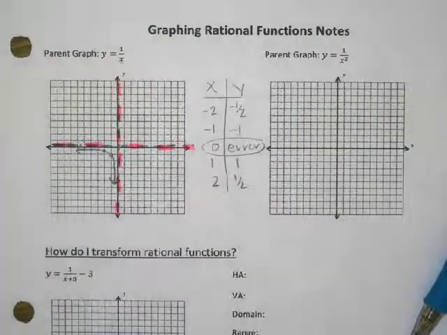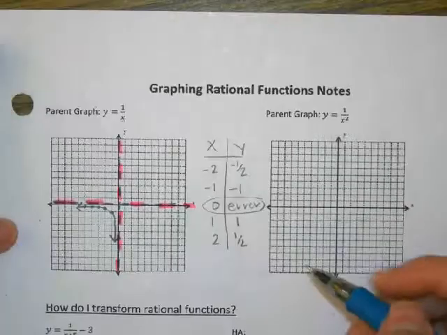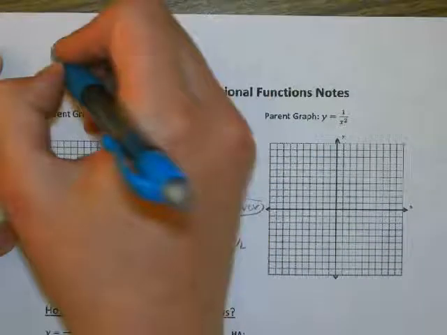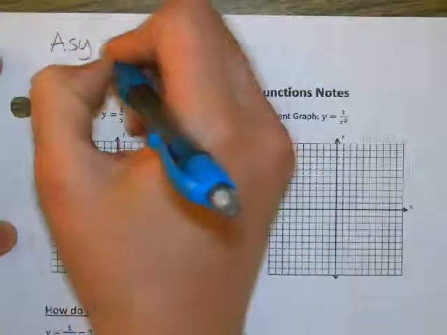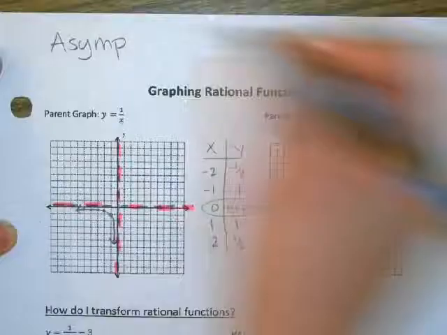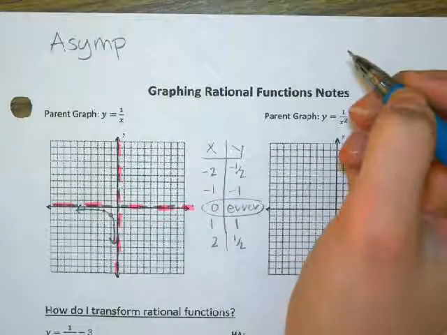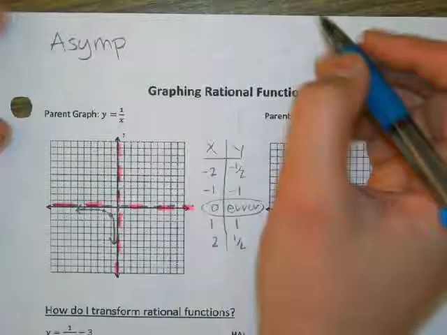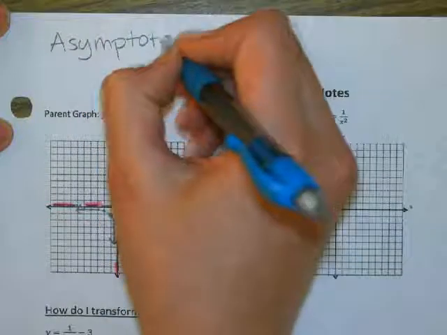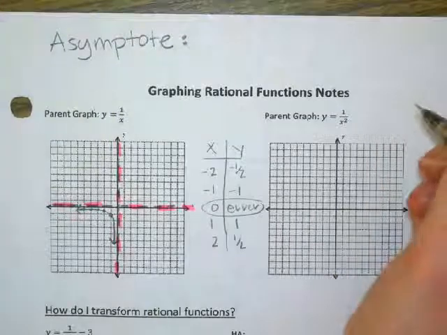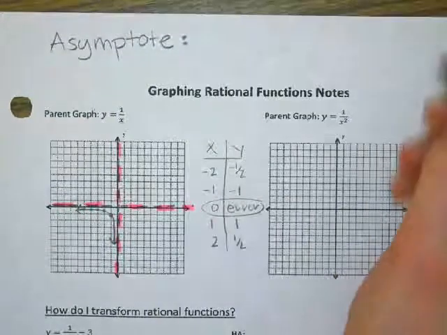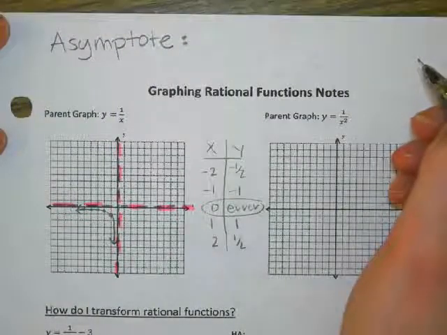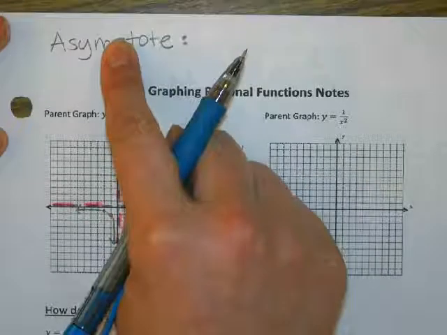Okay, so the definition, we're going to write this right at the top of our page. The definition of an asymptote, it's spelled ASYMPTOTE. The P is silent. Asymptote, we don't really say the P. If you cover up the P, asymptote.